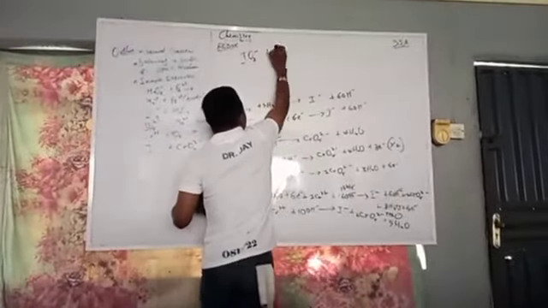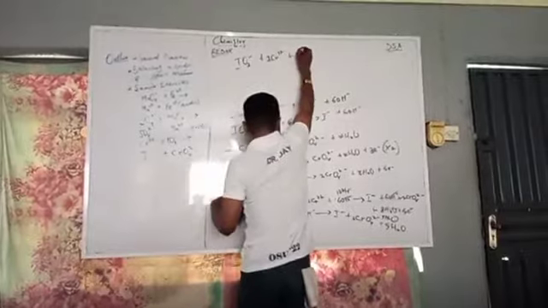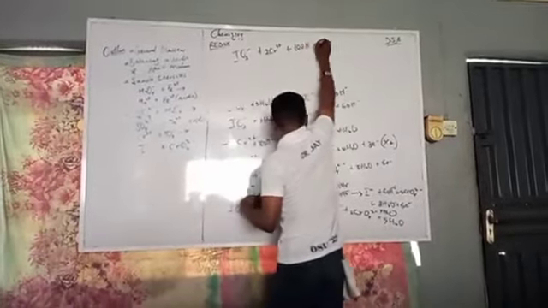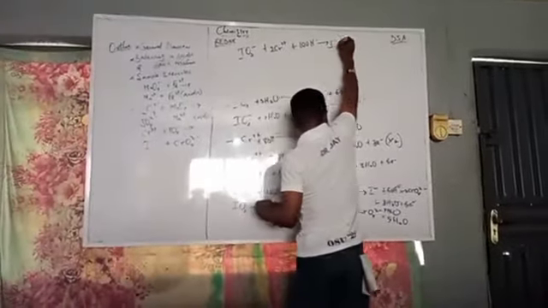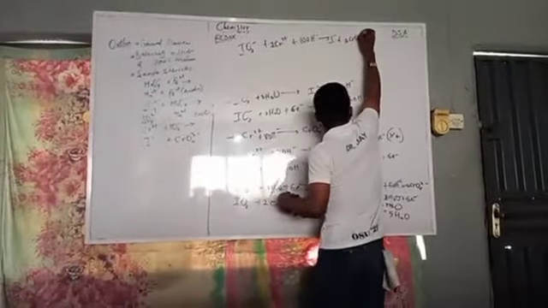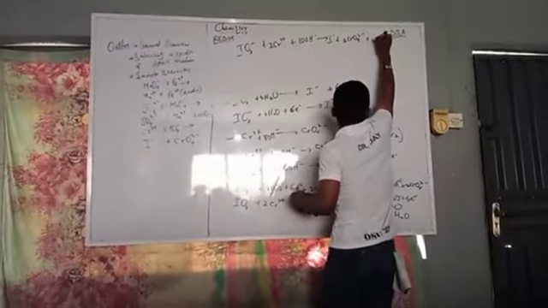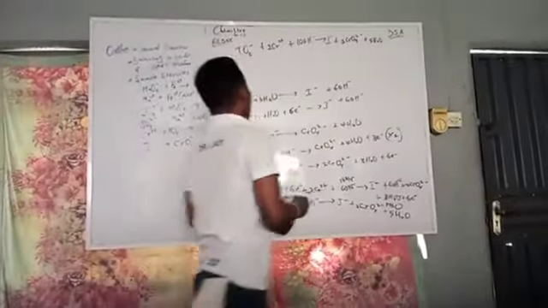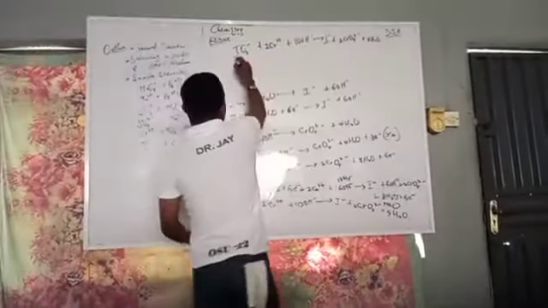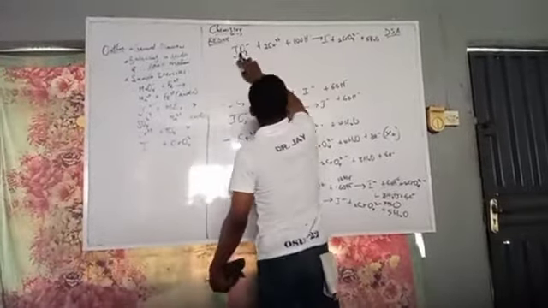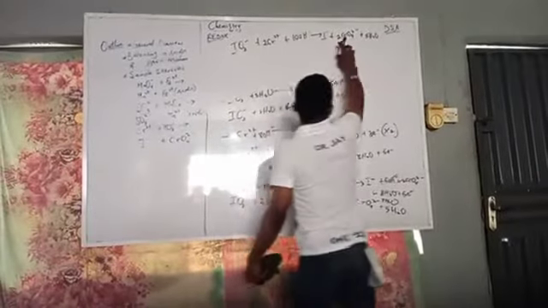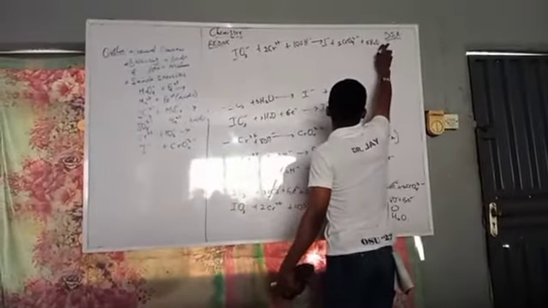So let me write it and then confirm if what we have done is balanced. So you have IO3- plus 2Cr3+ plus 10OH- gives I- plus 2CrO4 2- plus 5H2O. Now let's check atoms. We have 1 I, 3 oxygen plus 10, that's 13. 2 times 4, 8 plus 5, that's 13.